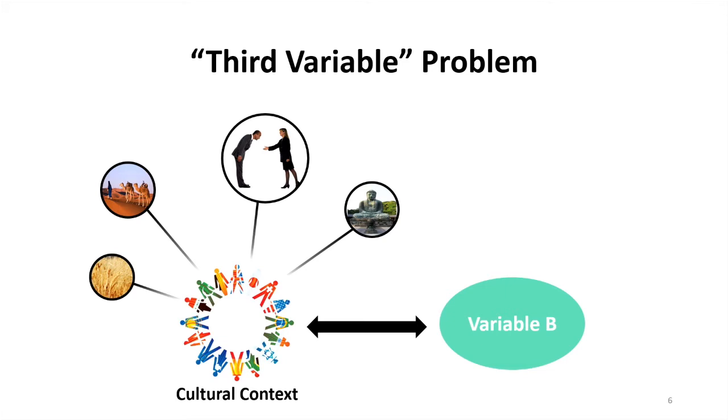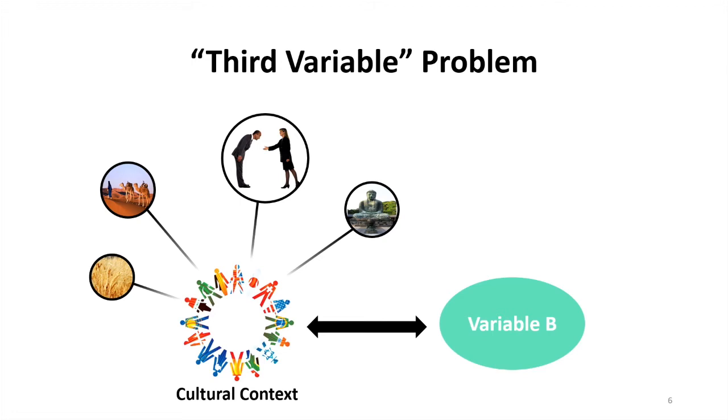So when we say Chinese people are different from American people or people in the United States, there is sometimes an implication there that being Chinese causes that difference. But if Chinese culture is this big package, then you don't really know what about being Chinese might lead to those differences.